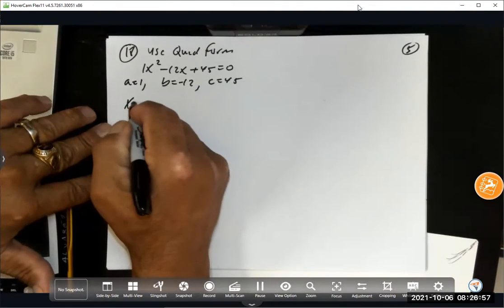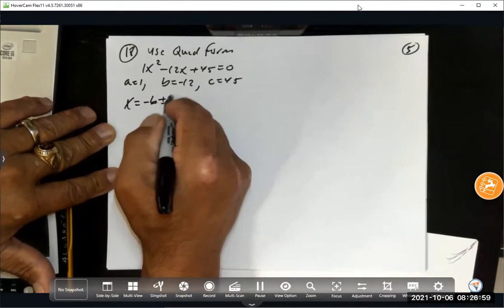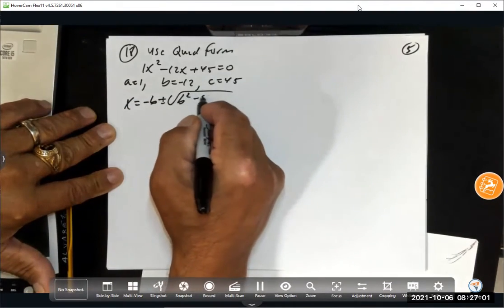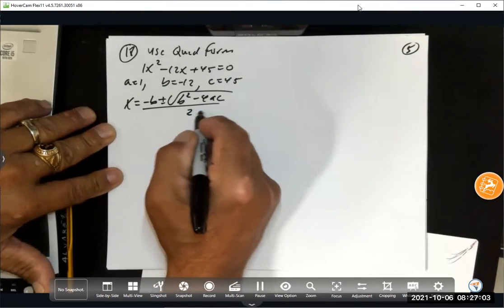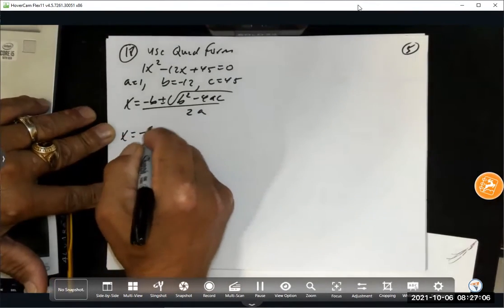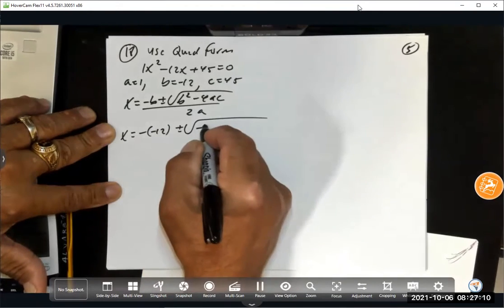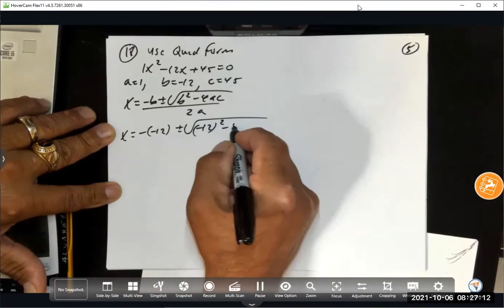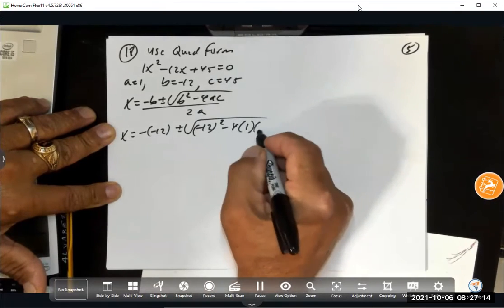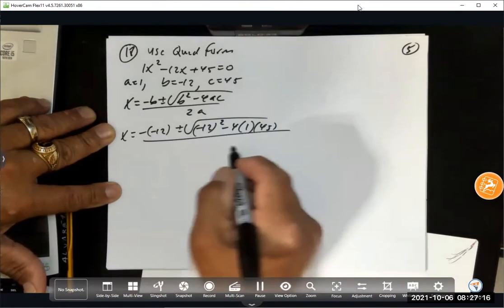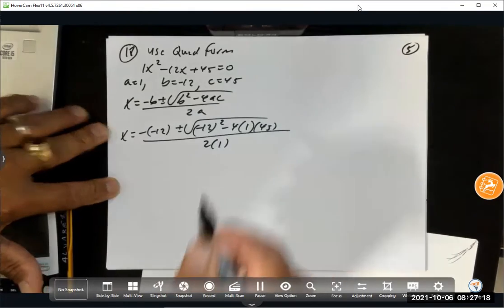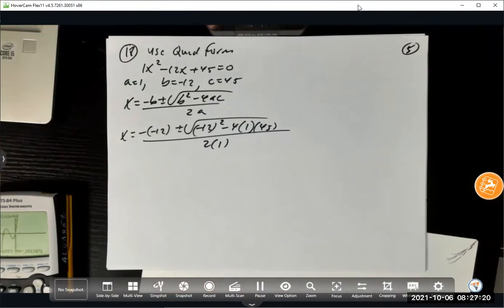Put it in the formula, negative b plus or minus the square root of b squared minus 4ac, over 2a. So now b is -12, and -12 again. A is 1, C is 45, over 2 times 1. Okay, so those are all my numbers.